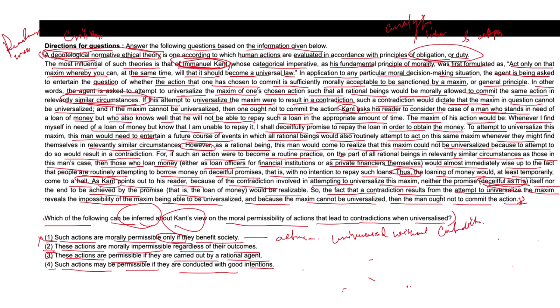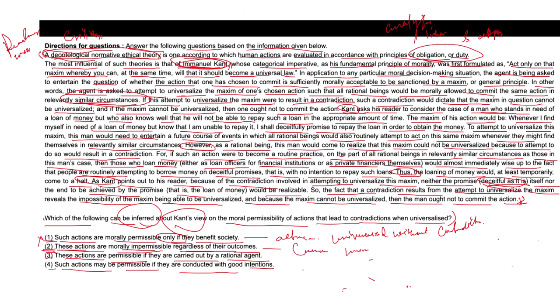Second, these actions are morally impermissible regardless of their outcomes. Yes, we can consider this choice, which states that actions leading to contradictions when universalized are always wrong, right or not?